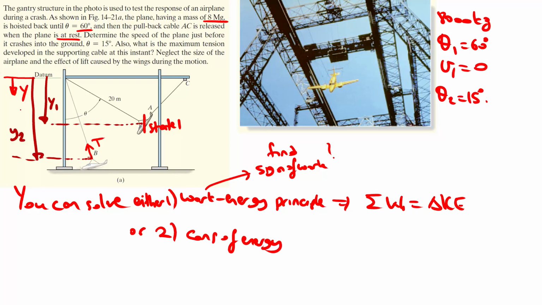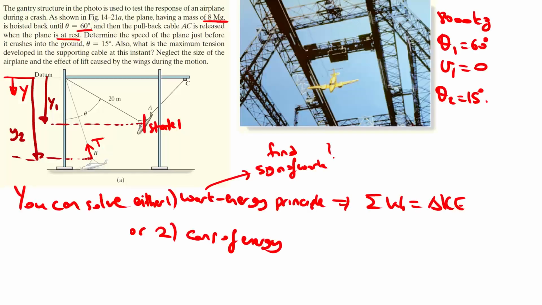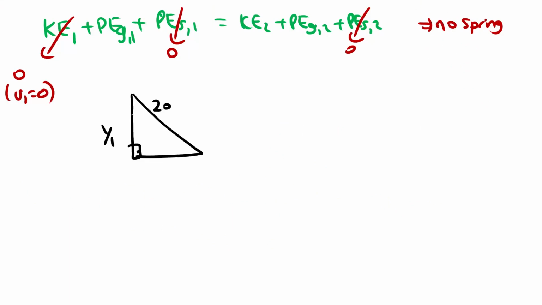For y1 and y2 you will use the trigonometric relations. So we have 20 meters. The angle here is 60 degrees, therefore it is 30 degrees. And then y1 will be 20 sine 30, and that is 10 meters.